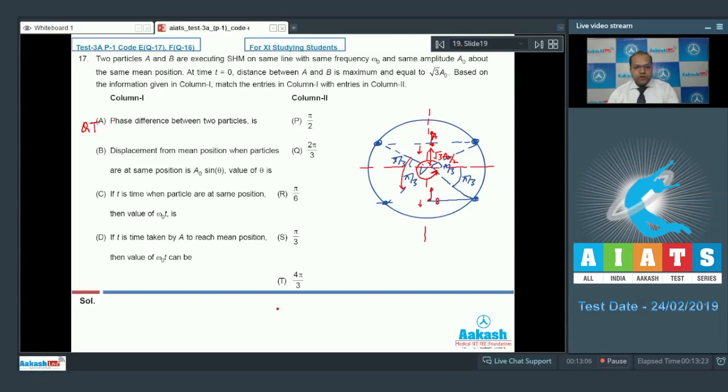In the entry B of column 1, it is given that the displacement from mean position when particles are at the same position is A naught sin theta, the value of theta is. So now I have to find out at what position they will have the same displacement.